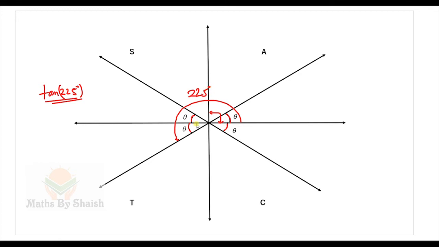If we can find this angle, which of course we can, because this total angle is 180, the remaining angle is 225 minus 180, that is 45 degrees. So now we don't have to find tan of 225 degrees, we can directly find the value of tan 45 degrees. Since it is in the third quadrant, tan is positive, so it is going to be exactly the same as tan 45 degrees.